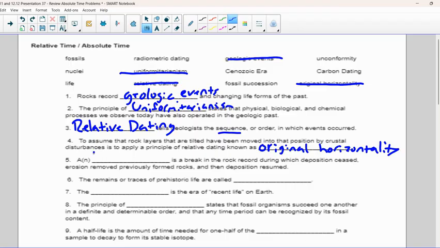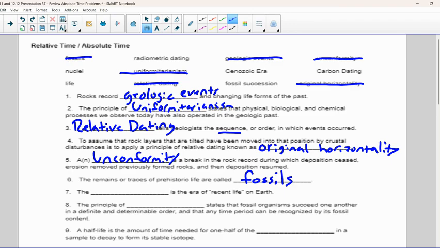An unconformity is when erosion strips away some rock and leaves us not knowing what happened during that time. Six, the remains we should all know is fossils. I should have crossed these out. Unconformity is here and fossils is here.